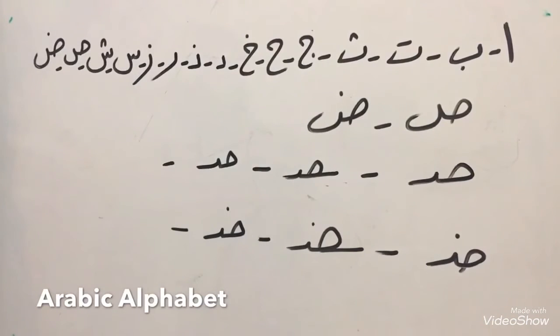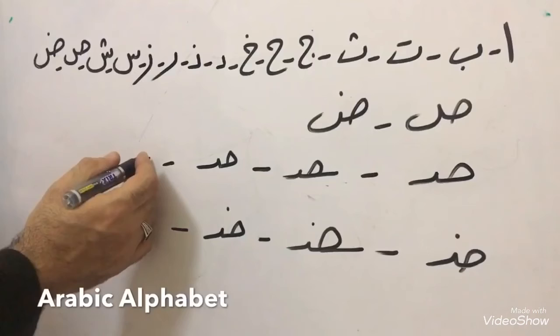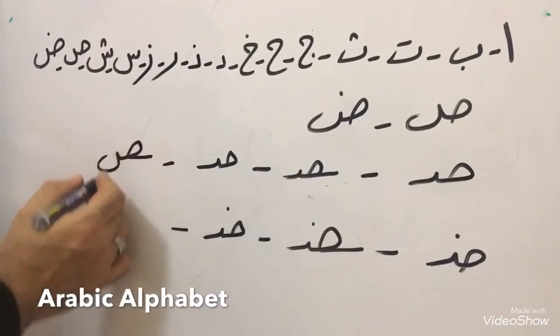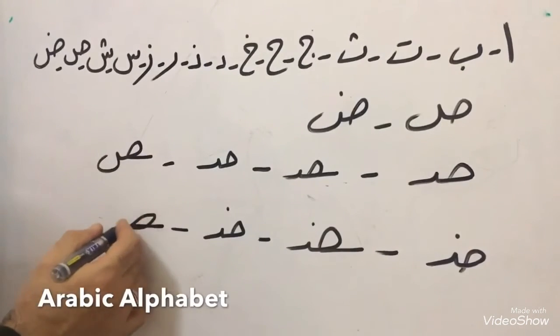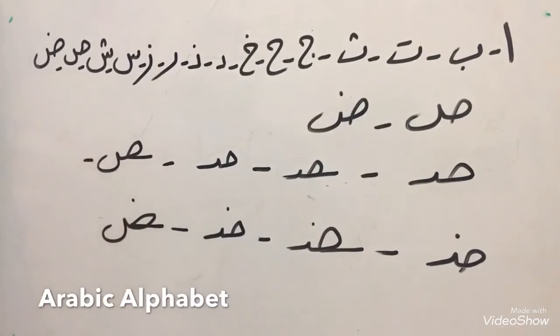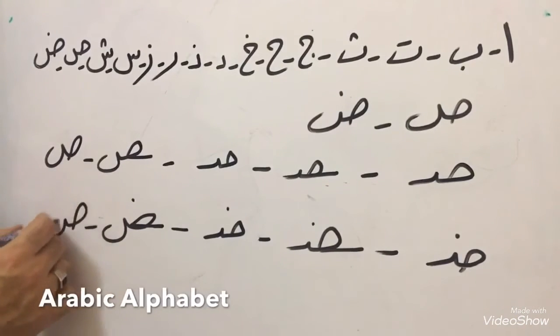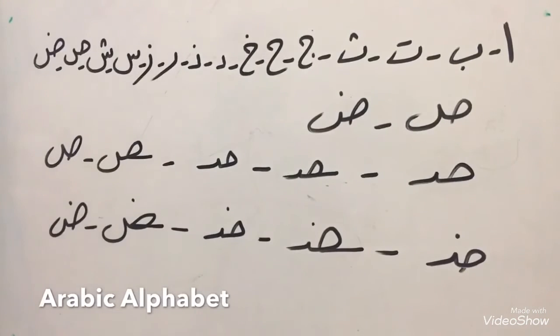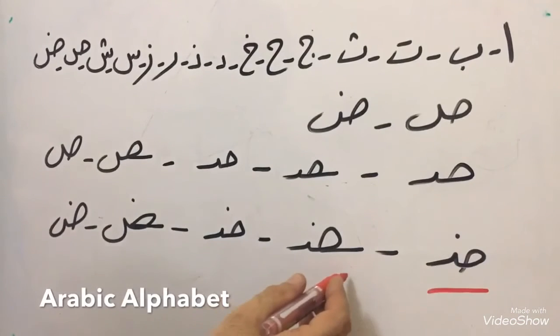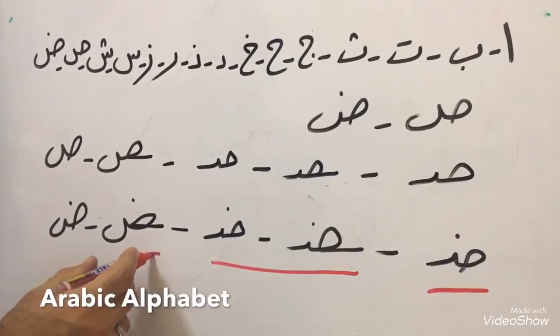At the end of the word, they are like this if they can be joined. If it can't be joined with the letter before, it is like this. So here we can see sad and dot at the beginning of the word, sad and dot in the middle, and sad and dot at the end of the word.